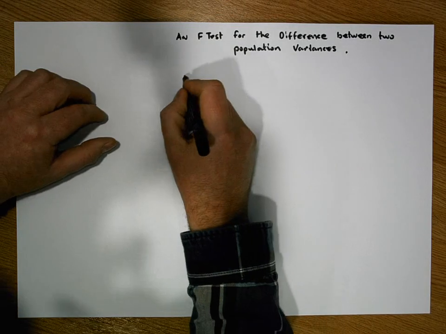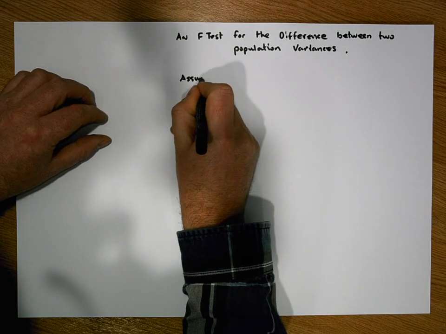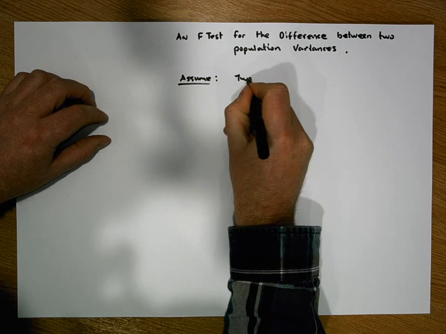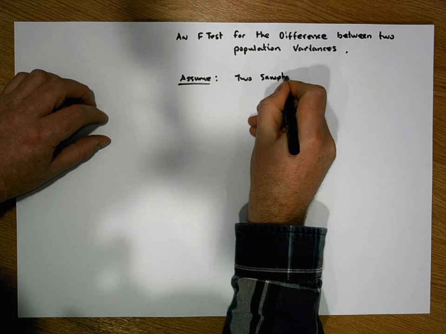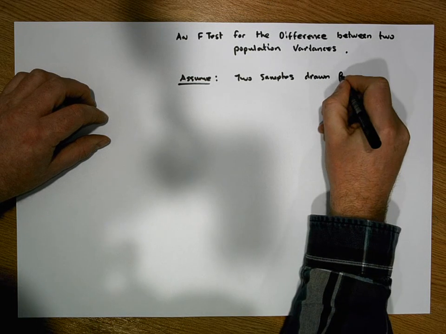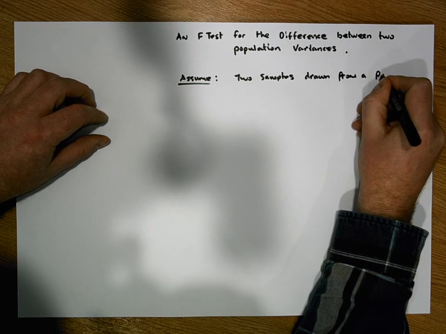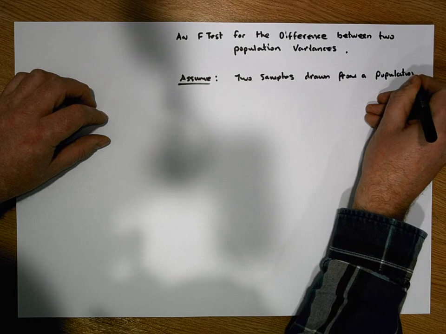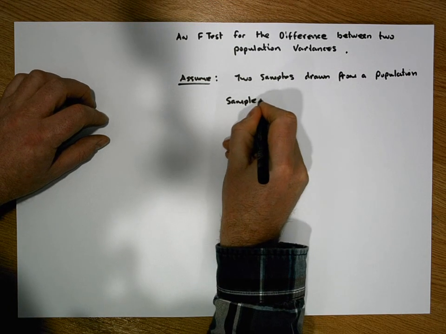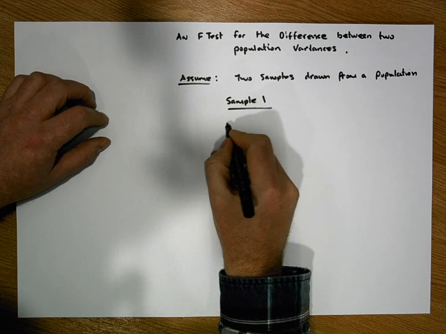Okay, so let's assume we've conducted an experiment. We have two samples drawn from populations. Let's say, for argument's sake, that for sample 1 the data is as follows.